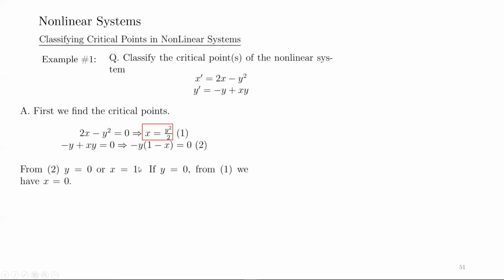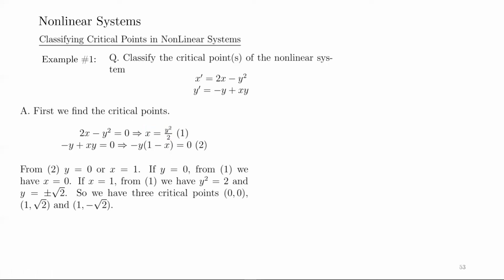So 0, 0 is a critical point of the system. However, if x equals 1, to make equation 2 zero, then from the first equation we have 1 equals y squared over 2, or y squared equals 2, so y is equal to plus or minus the square root of 2.